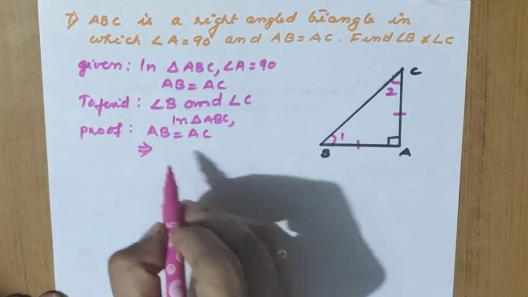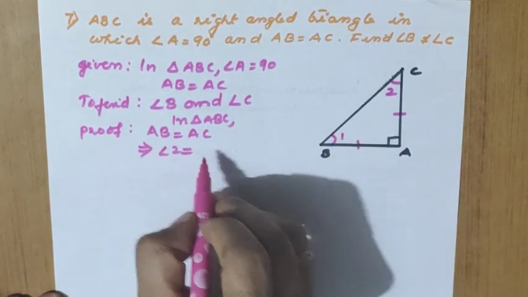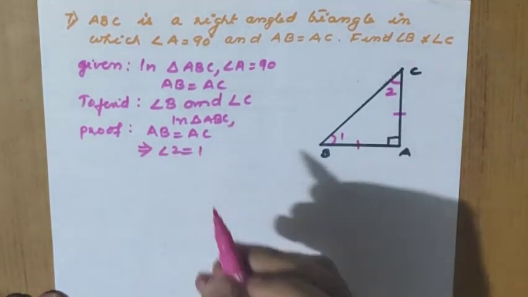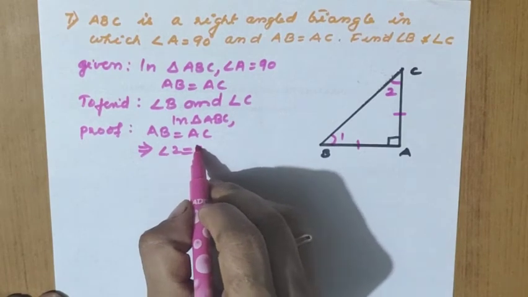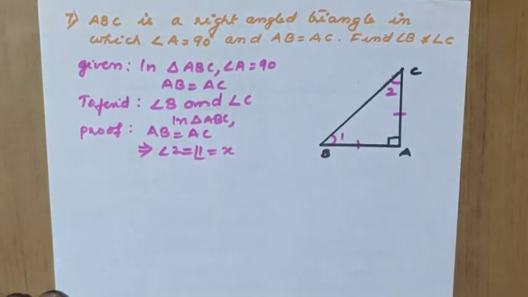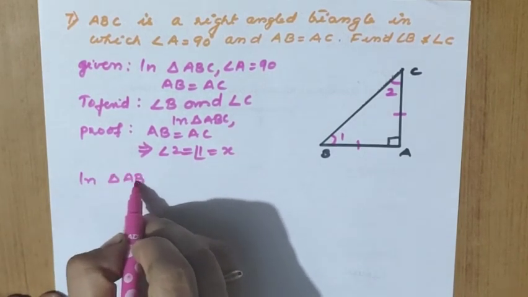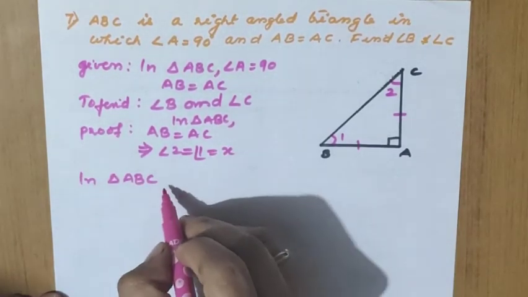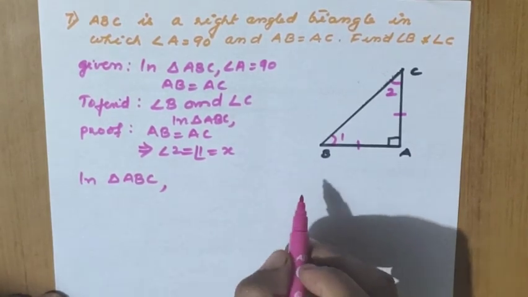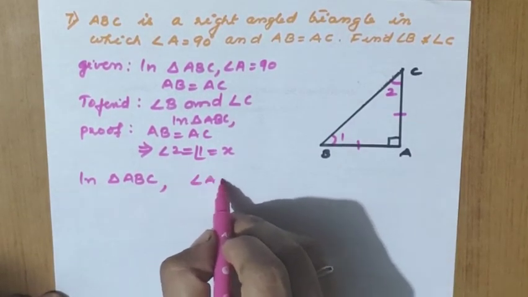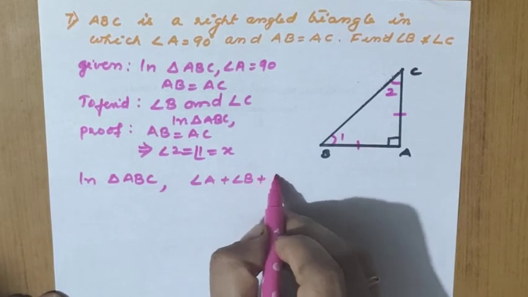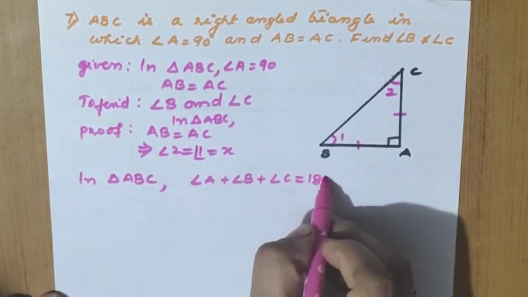This implies that angle 2 is equal to angle 1. Right? Angle 2 equal to angle 1, let us take it is equal to x. Now in triangle ABC, what we can write? Angle sum property we can use, right? So angle A plus angle B plus angle C equal to 180.